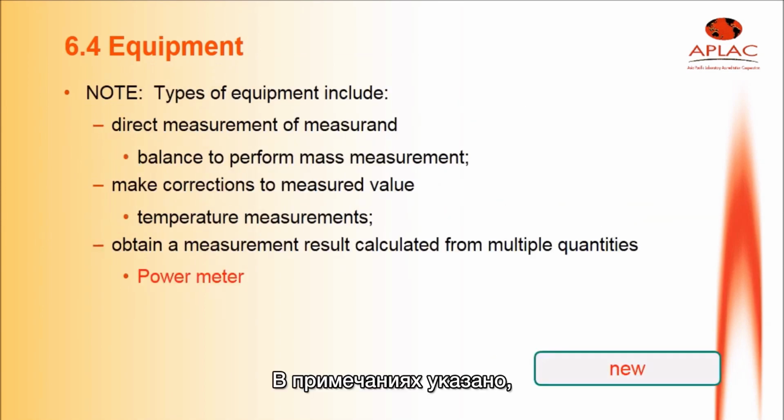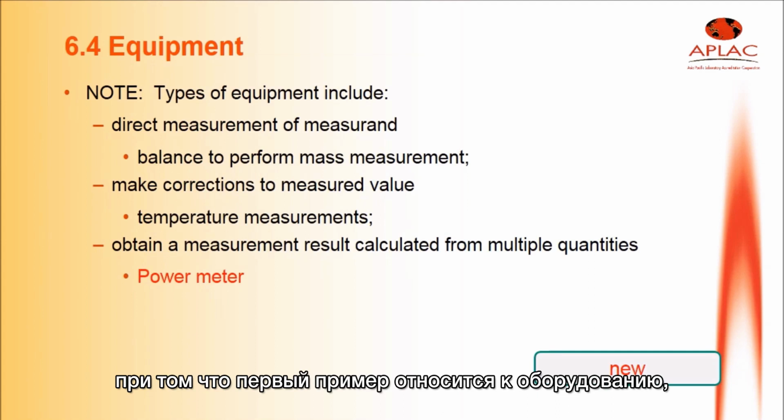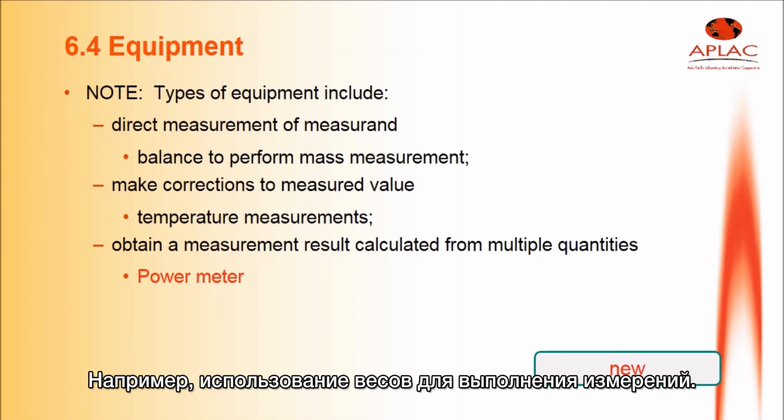In the notes, three typical kinds of equipment that need to be calibrated are given. The first is equipment used for direct measurement of the measurand, for example, using a balance to perform a mass measurement.